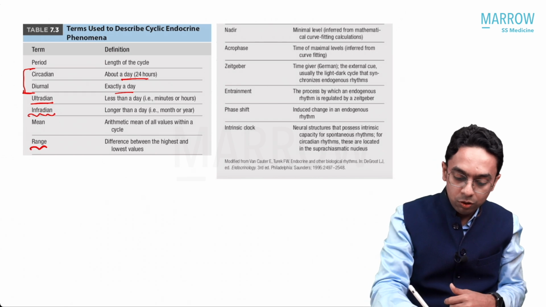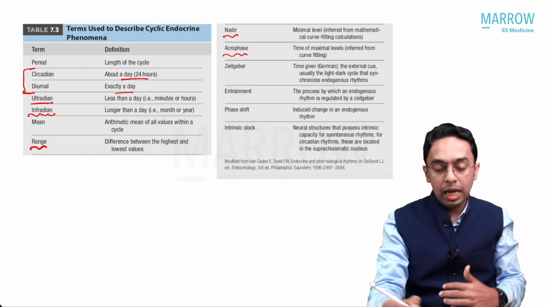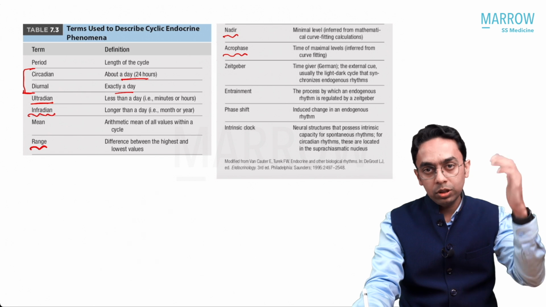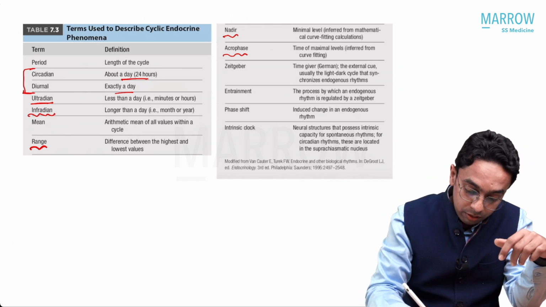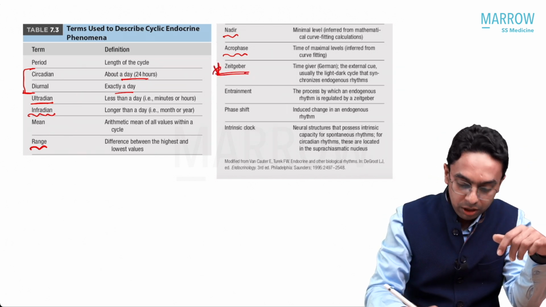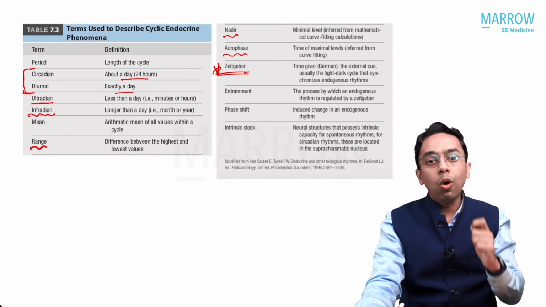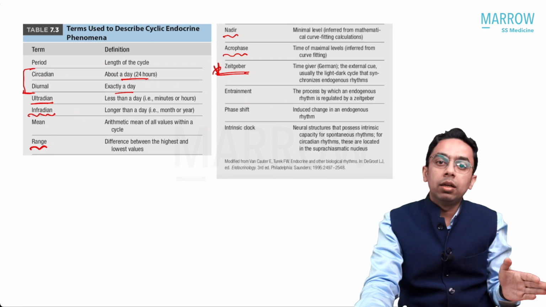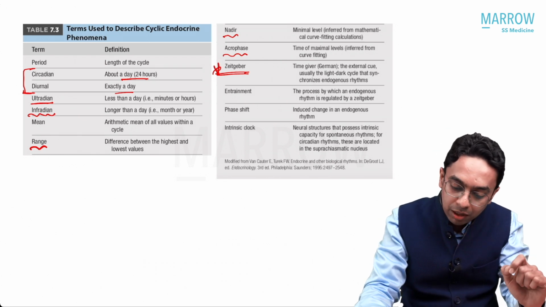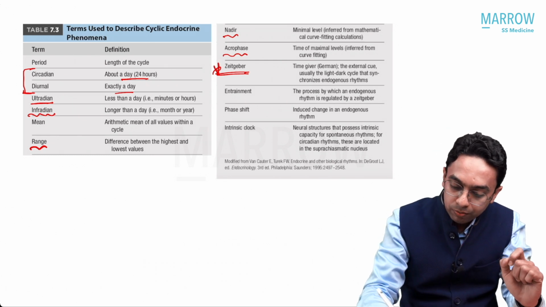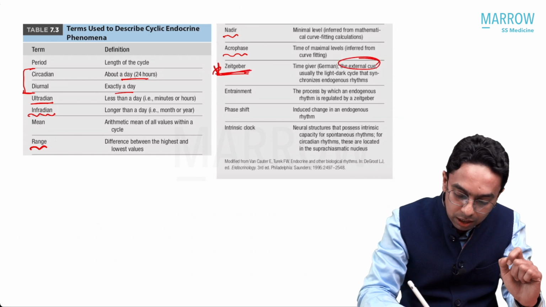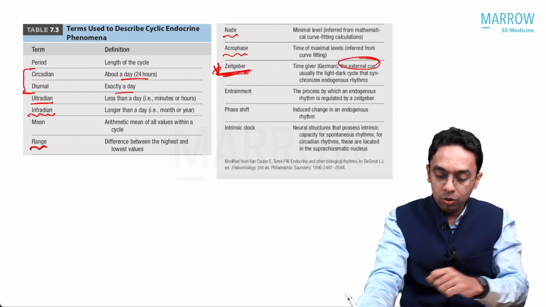Nadir we know obviously is the lowest. Acrophase is the time at which that hormone is peaking, right? Very important. Zeitgeber has been asked many times. This is what gives the signal to the body to have this rhythm, the time cue, the external cue. Okay, this is Zeitgeber. This has been asked many times.